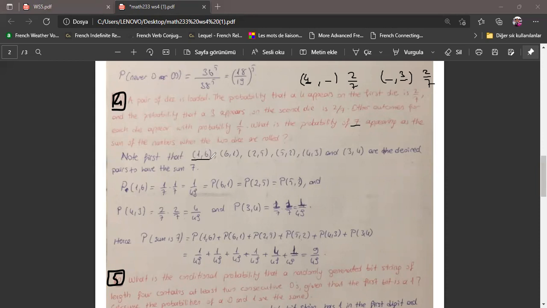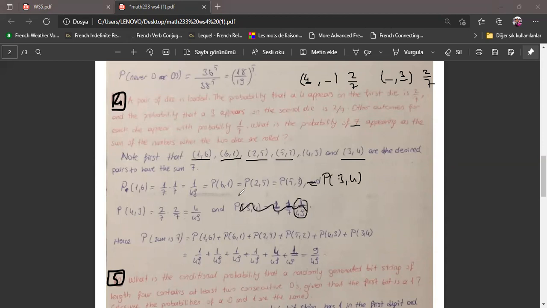The probability of this, so first having 1 in the first appearance, the probability of that is 1/7, as in here. And the probability of that, again, 1/7. So we have the probability 1/49 for this pair. Now, this one, this, and these, they all have the same probabilities. So ignore this. This is equal to P of 3, 4.